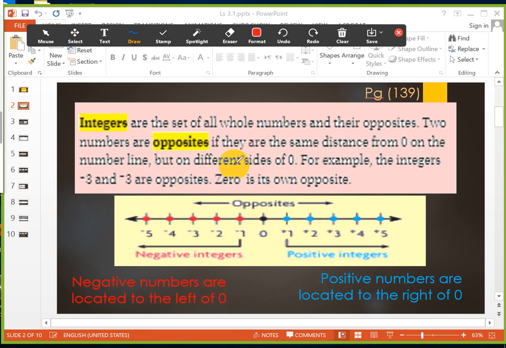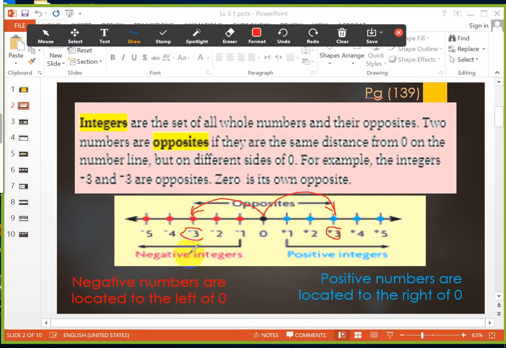Okay, girls, so if I have two numbers and those two numbers have the same distance from 0, look at number 3 here and number 3 here. The distance from 0 to 3 on the right side equals the distance from 0 to 3 on the left side.